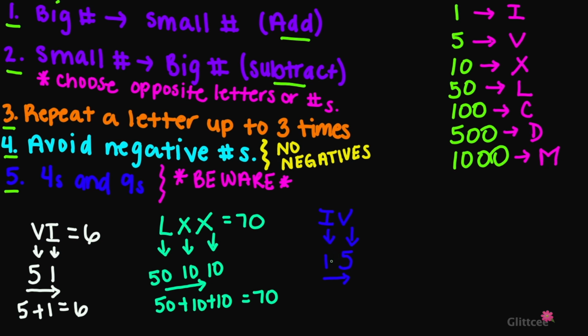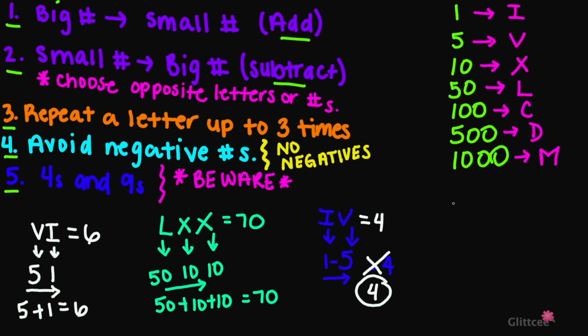So I am subtracting, and we know that this equals -4, because 1 minus 5 equals -4. But remember, we are not using negative numbers, so this is a no. We are not using negative numbers, but I can use this. So your answer is going to be 4. So Roman numeral IV is 4.